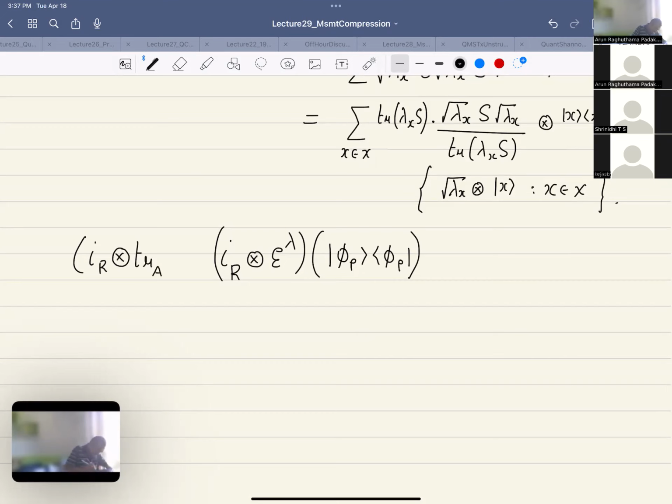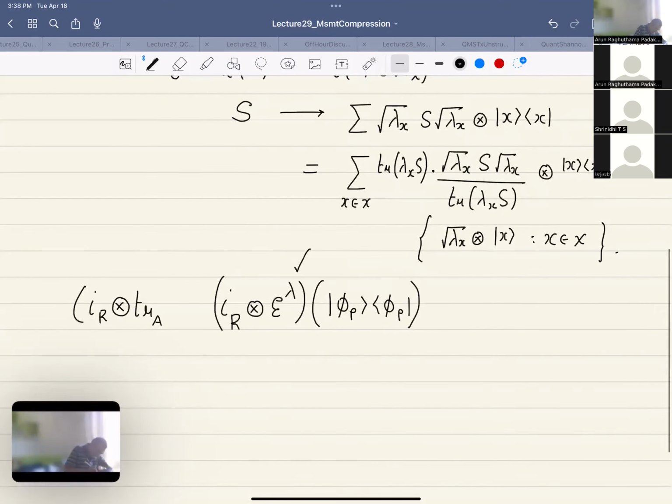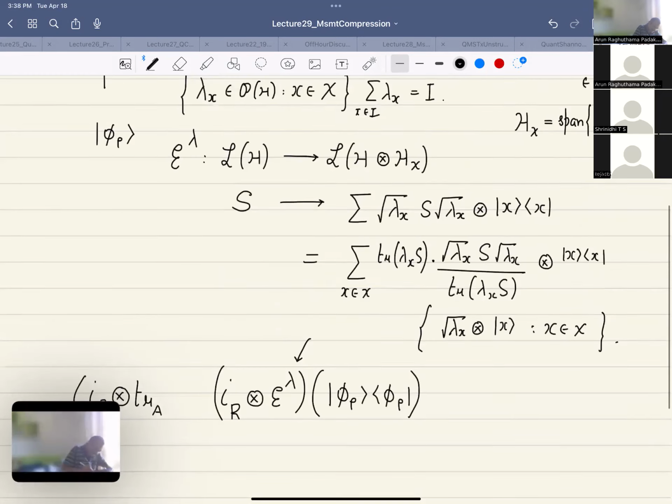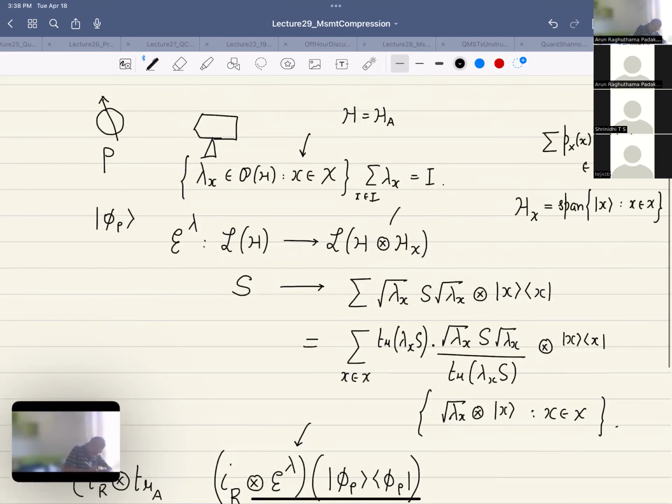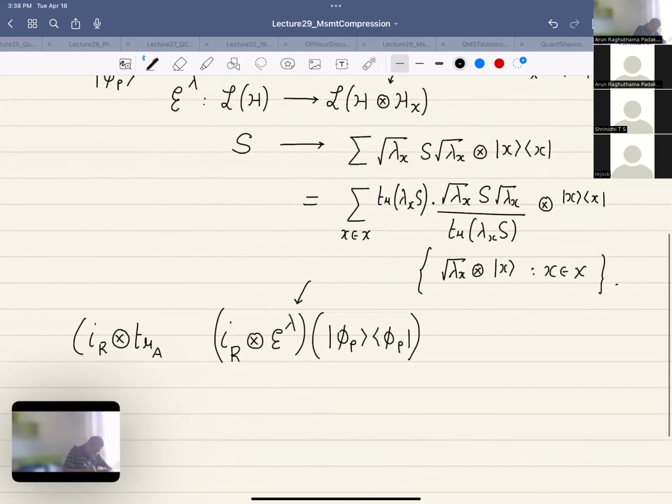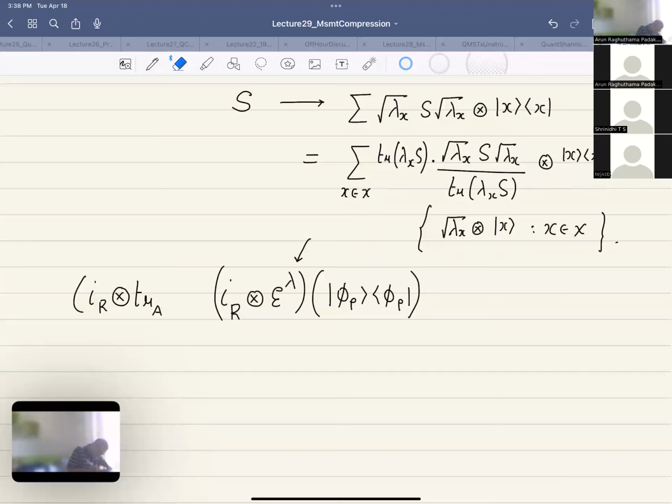Remember, when I operate this map, I'm getting something in HR tensor HX. Now I will apply trace over A tensor identity on HX.